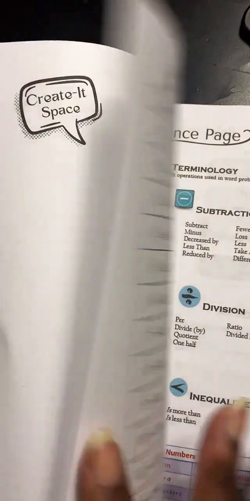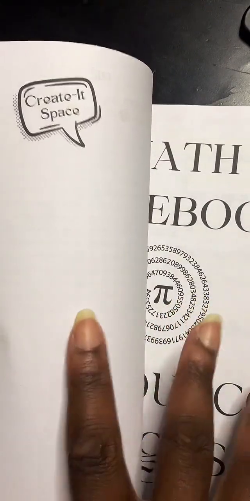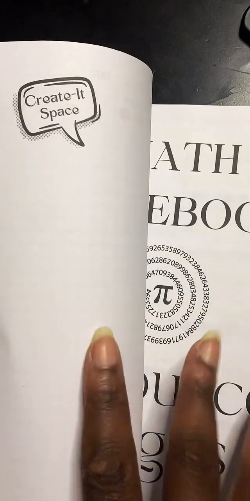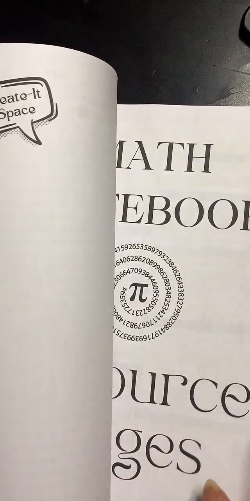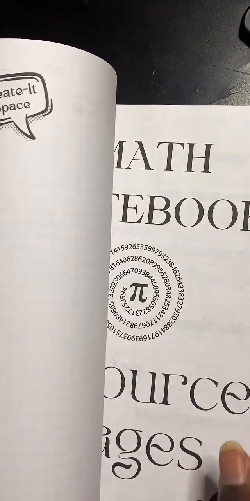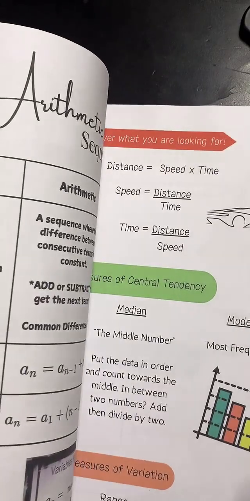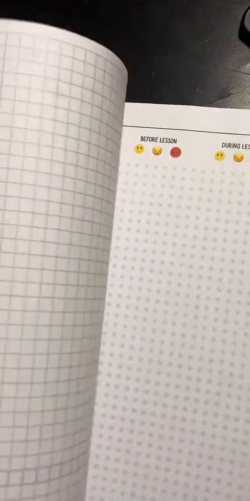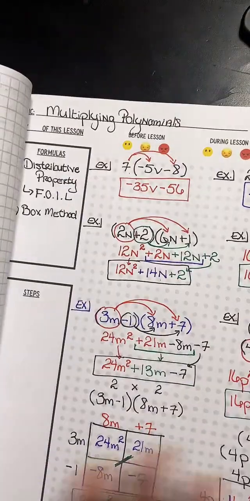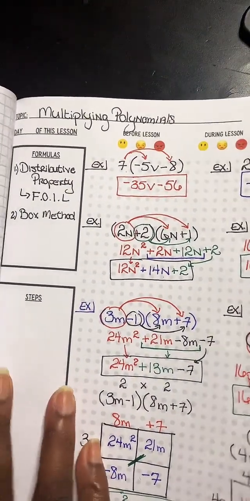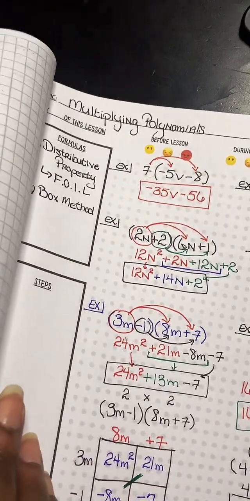All this is really designed for my Algebra and my Algebra 1 students. I do have one for Algebra 2 and pre-calculus. So it talks about sine, cosine, and tangent. You actually do the sine waves, the law of sines, the law of cosines. But you can have all your notes listed in one area.